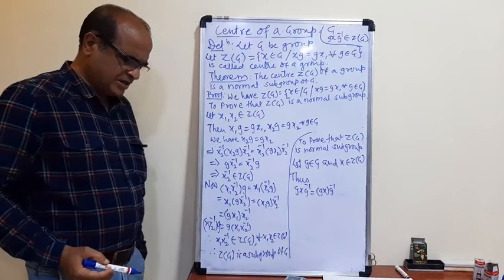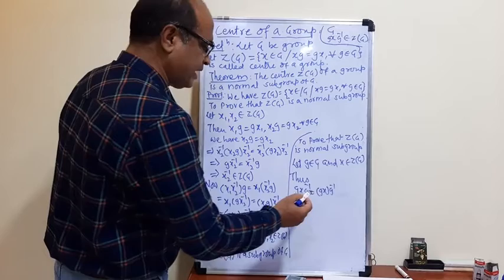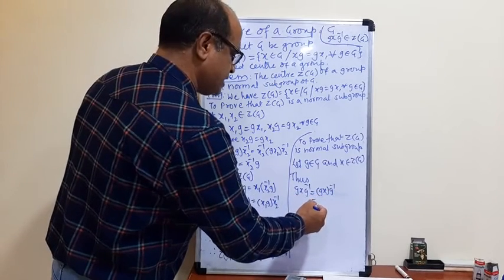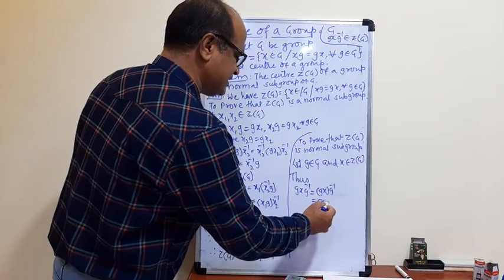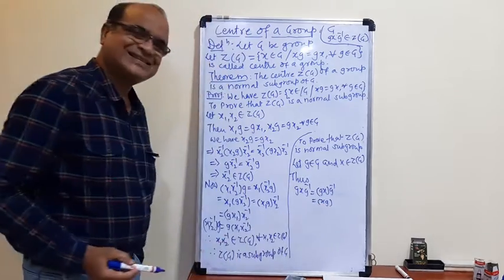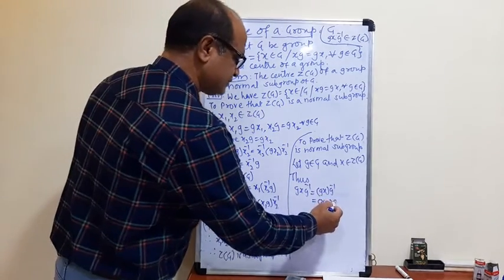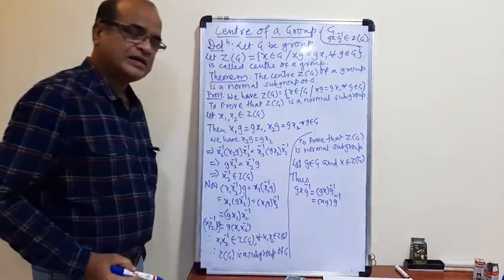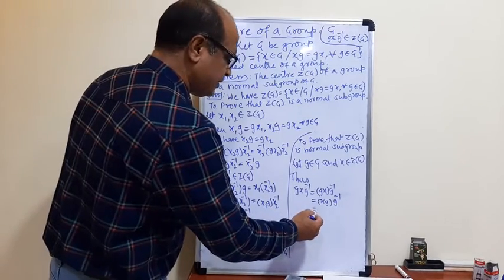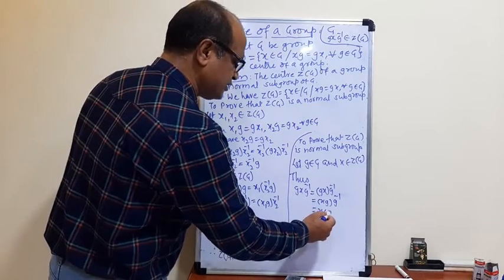Since gx is equal to xg, this is xg into g inverse, which is x into g inverse g.